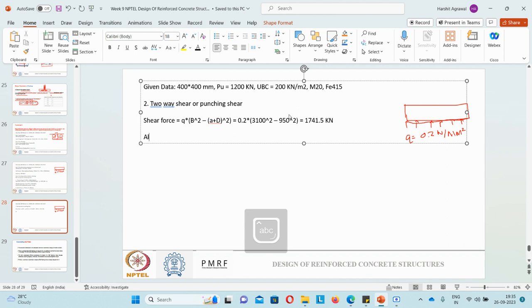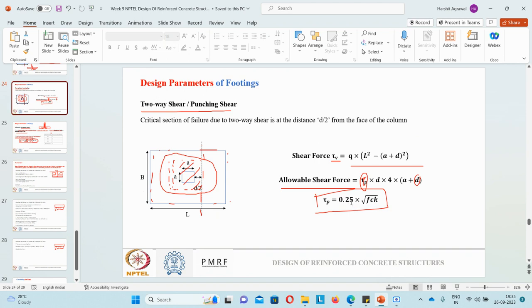Now, what is the allowable shear force? If the shear force that is coming is less than the allowable shear force, then we can say that the thickness that we are providing, 550, is sufficient. So my allowable shear force is nothing but tau p times D times 4 into a plus D. Here always remember this D is capital D, so that you are not confused.